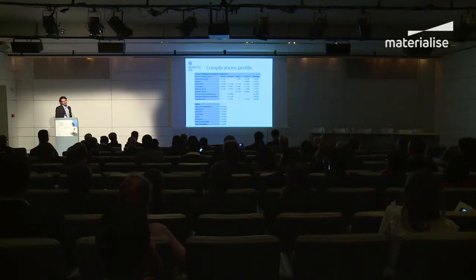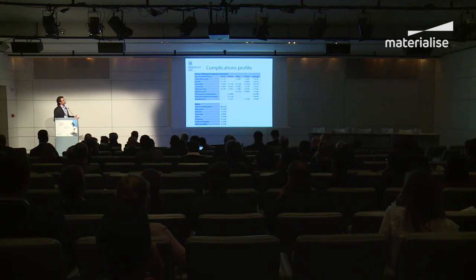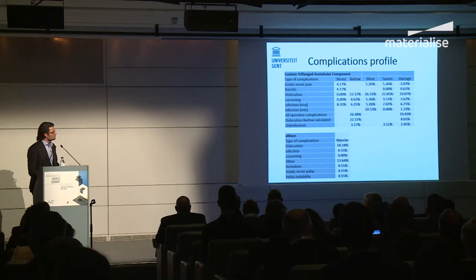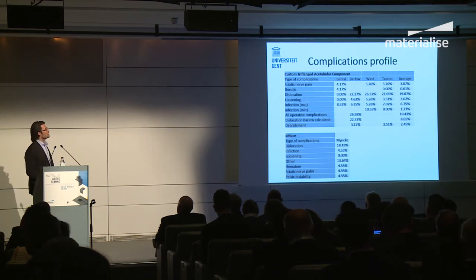To use the evidence that we found in the literature, we have been compiling the complications profile, because this will be driving the main costs and the utilities for each implant. For the standard of care, we have been using four recent publications compiling complications like sciatic nerve pain, bursitis, dislocation, loosening, infections.